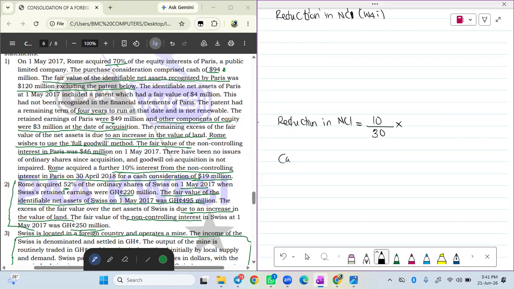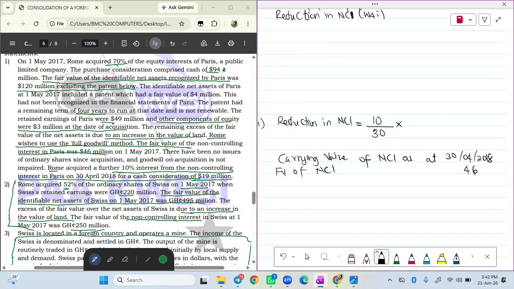So let's say working 4I. What is the current value of NCI as at 30th April 2018? To get that, we start with the fair value of NCI, which was 46 million.